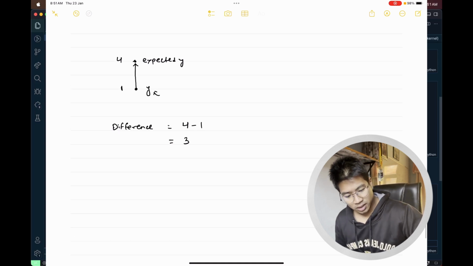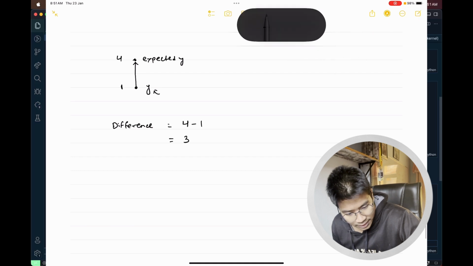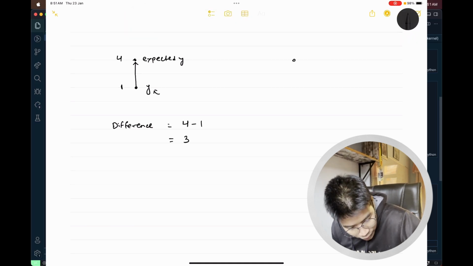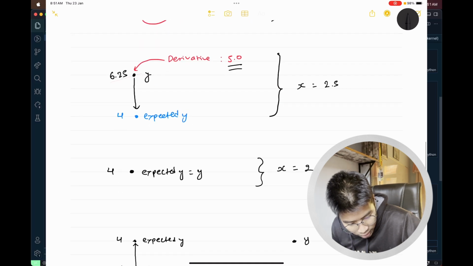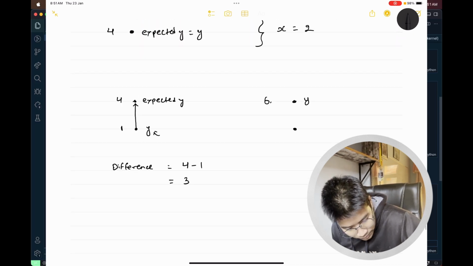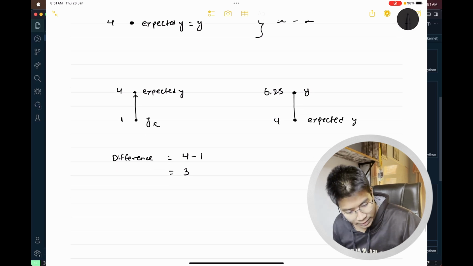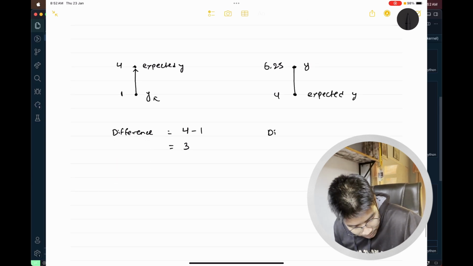Now let's look at another case that we had, when we overshot. Our y value became 6.25, and our expected y was a 4. Over here, what would be the difference?